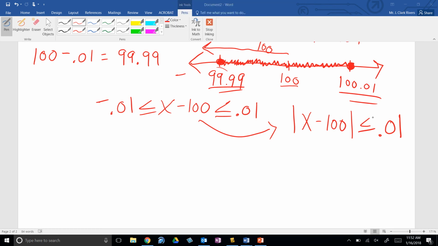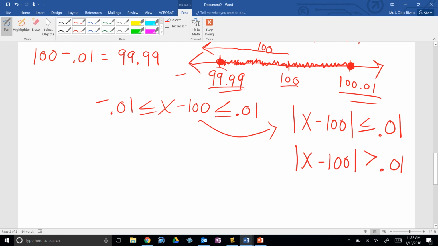Perhaps you're able to look at this absolute value inequality and just know it's going to be the absolute value of x minus 100 is greater than, is it going to be greater than or greater than or equal to? Remember, it's kind of the opposite of this. Well, if this is or equal to, this just has to be greater than, right? Because it has to be different. It has to be everything that is not in the solution set. So 0.01. So perhaps you can just look and know that's what it is.